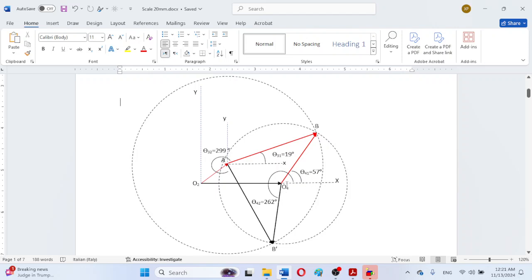First of all, I will show how to locate the instantaneous centers of this open circuit.